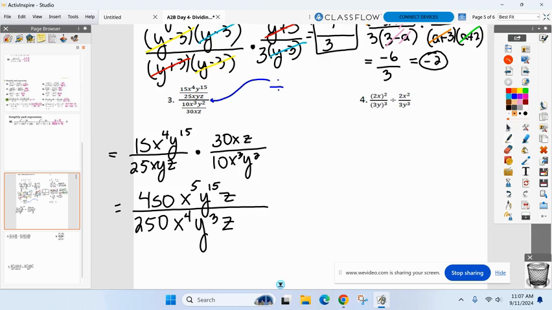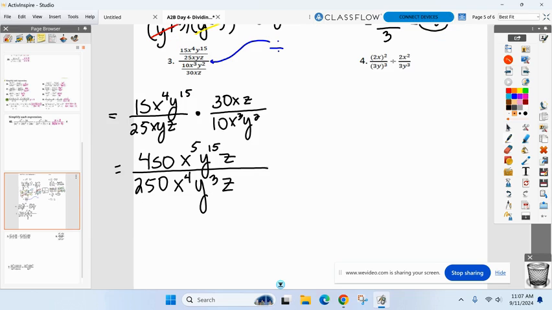And remember, your calculator will reduce those numbers, 450 over 250, for you. And then you guys got to take care of the x's, y's, and z's. What's that going to be? The zeros go. 9/5.